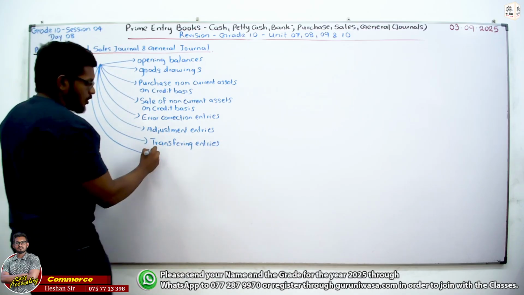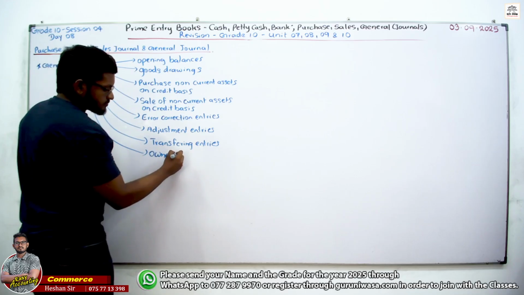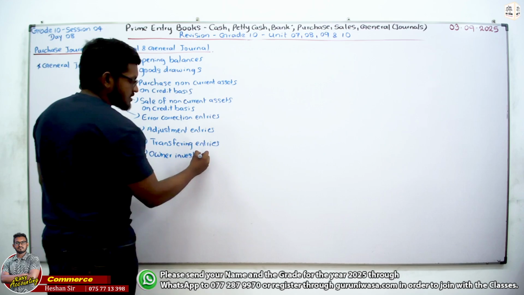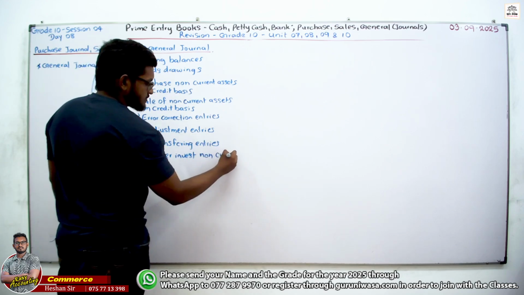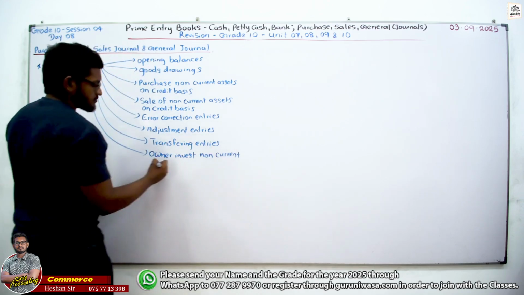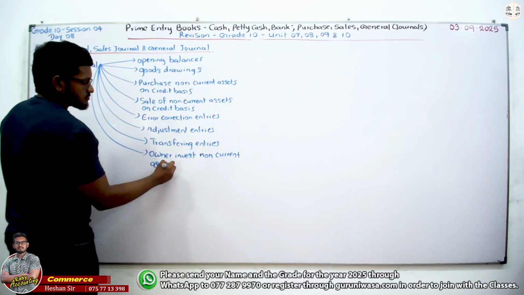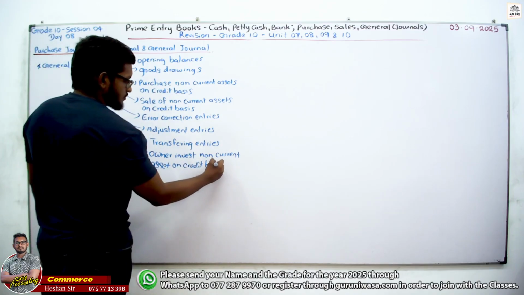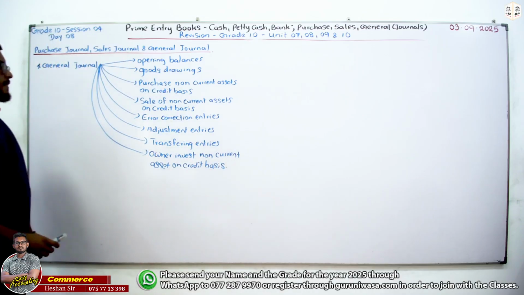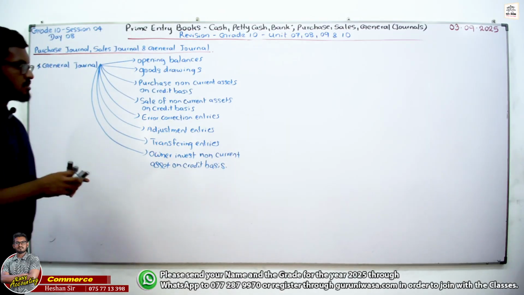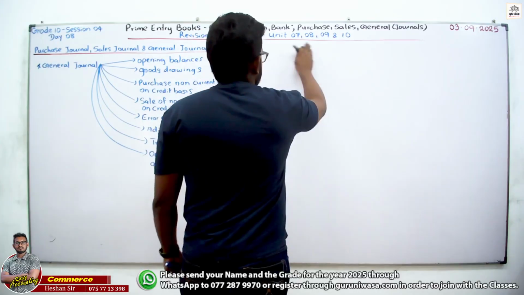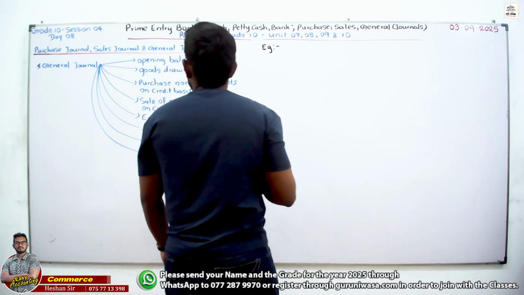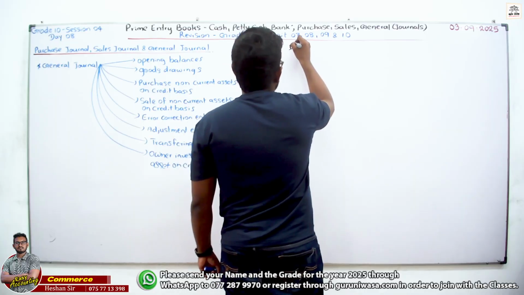We can take owner invested. No, cash comes to the cash book, owner invested non-current asset on credit basis, right? Likewise. Now let's see examples. Okay. Look here. Number 1.